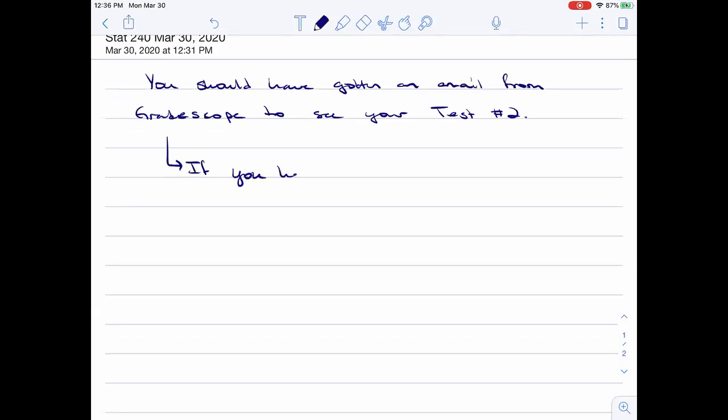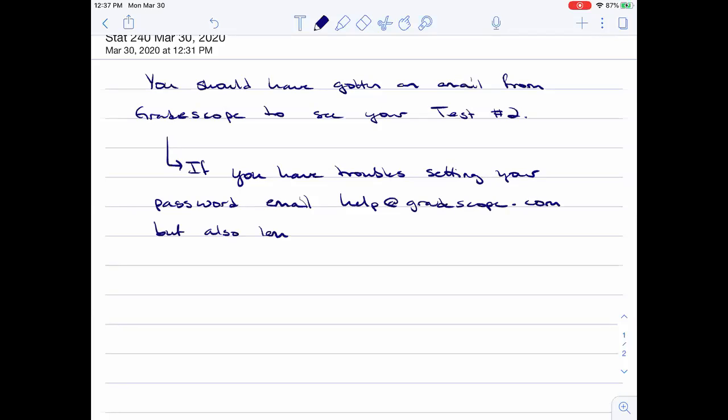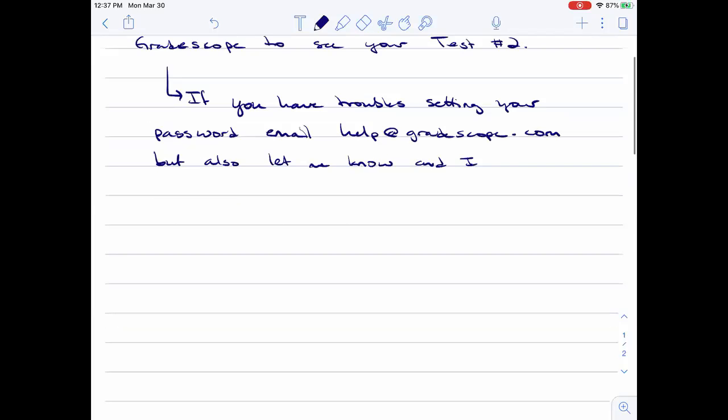So if you have troubles setting your password, email help@gradescope.com, but also let me know, and I will send you your test and feedback.